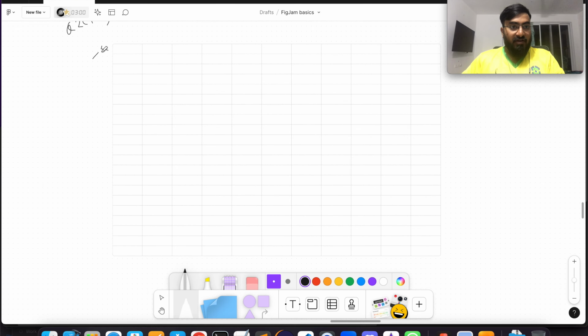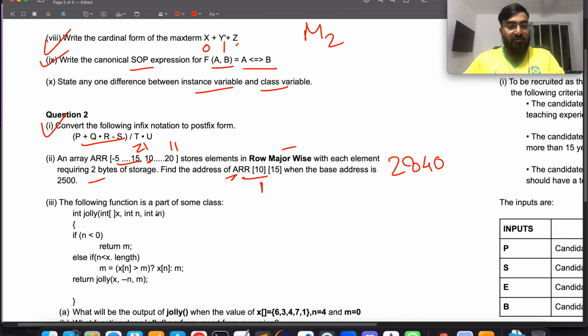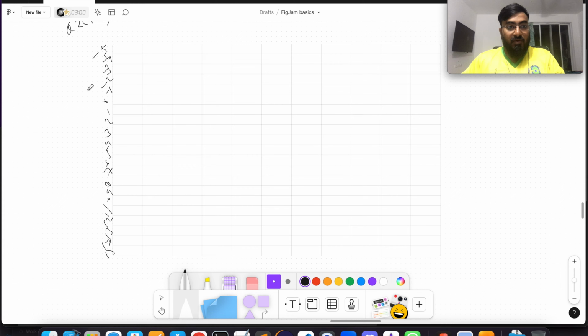So this is minus 5, minus 4, minus 3, minus 2, minus 1, 0, 1, 2, 3, 4, 5, 6, 7, 8, 9, 10, 11, 12, 13, 14, 15, minus 5 to 15. These are your rows and your columns are from 10 to 20. So 10, 11, 12, 13, 14, 15, 16, 17, 18, 19 and 20.